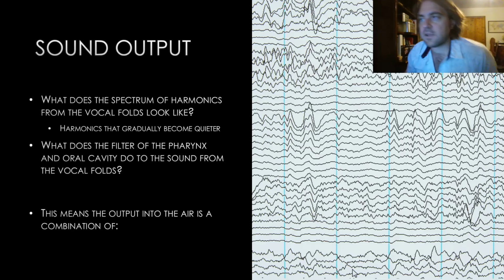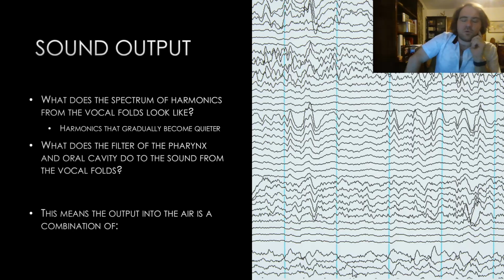If we're talking about vocal folds, it's always going to be resonant frequencies that become quieter. It's not ever going to be 100, 200, 300, 400, 500 because it's a tube closed at one end. So it'll be 100, 300, 500, 700. But they gradually become quieter. Each successive resonant frequency becomes quieter.